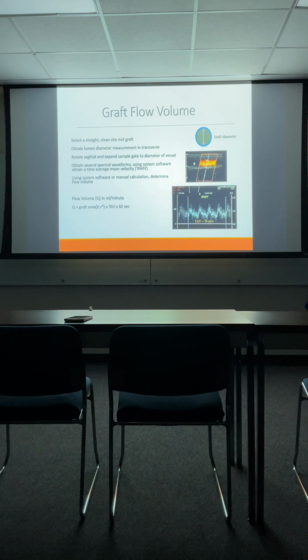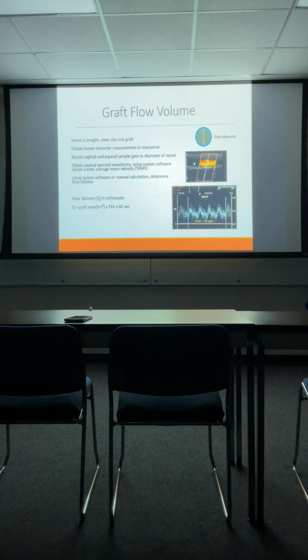So what you're gonna do is select a site that is straight, somewhere mid-graft, and you're gonna measure inner edge to inner edge, to get the diameter of the graft in transverse. So the first step is to get that graft diameter, and you want to make sure you have a clean view of it.